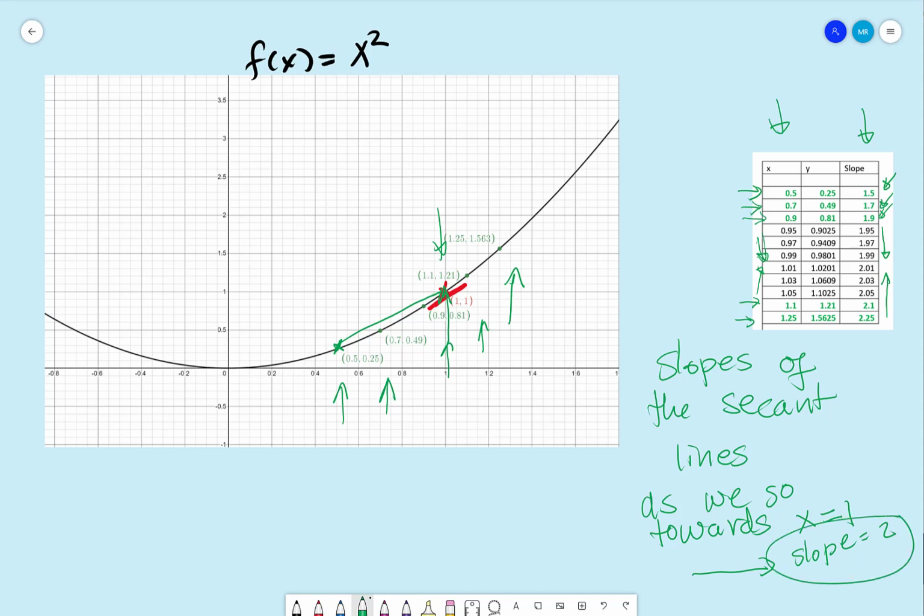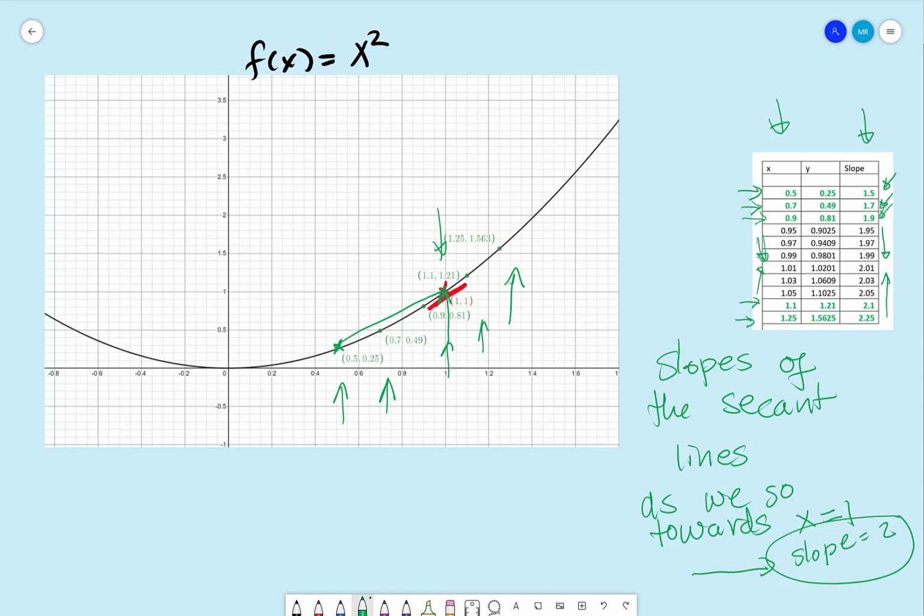Now, does this always work? So it turns out that you can't always find a limit by taking closer and closer looks at the actual point. And we will look at an example like that in a future video.